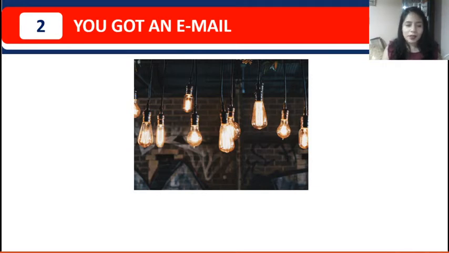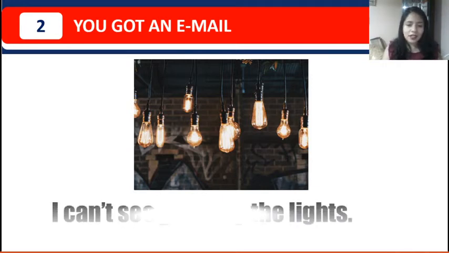For example, here I have, I can see. Everything is dark. What do you think is the phrasal verb? Come on, guys. I can see. Everything is dark. This is?